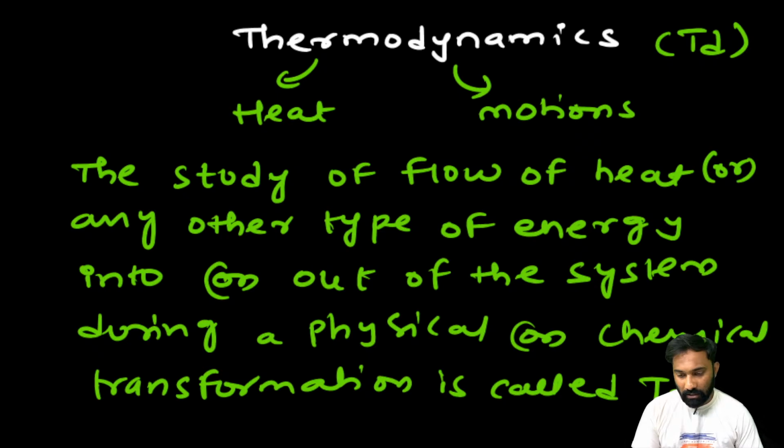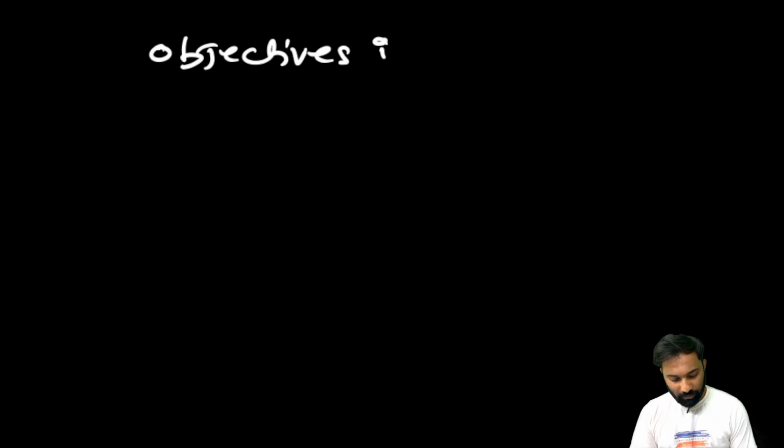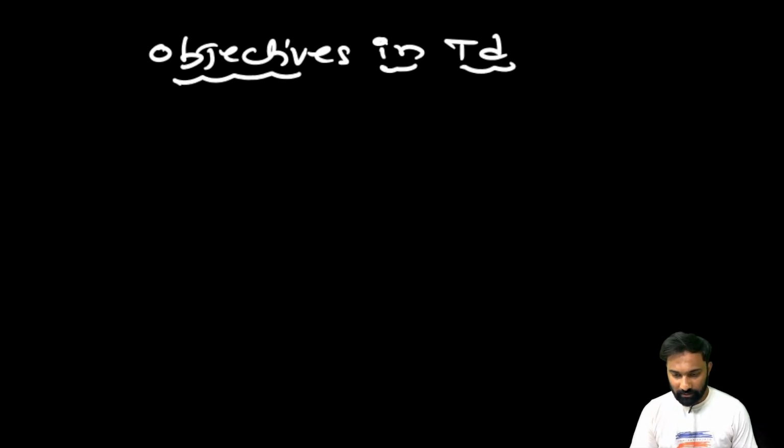Now next, what are the primary objectives that we are going to see in thermodynamics? Objectives in TD. What are the objectives that we are going to see in TD? Clear?